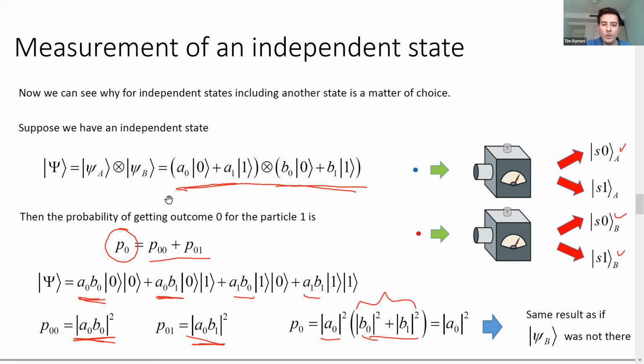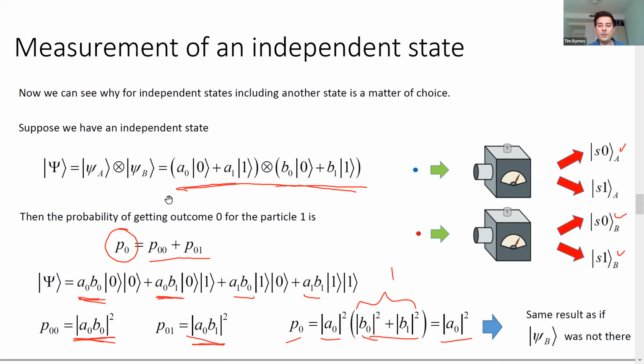Because all states are normalized, that is equal to 1. So we're left with |A0|², which is exactly the result we expected, because it's completely independent of Bob's state. The probability of Alice getting 0 is |A0|², and doesn't have any B's in it at all.